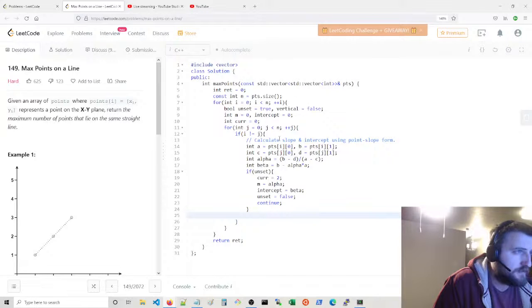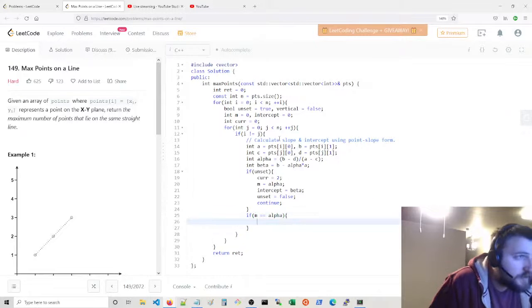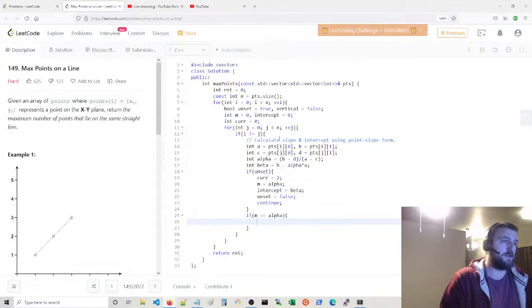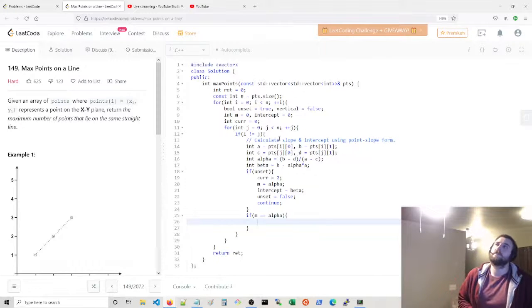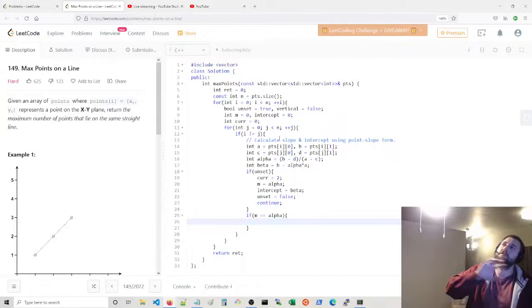Okay. Otherwise, if it is set, then we can say if m equals alpha, and so now what's interesting is, yeah, one pass tells us all the points that are on the same line.